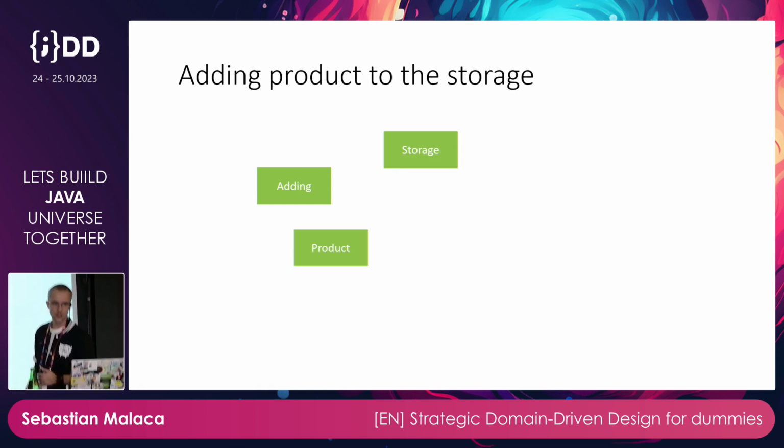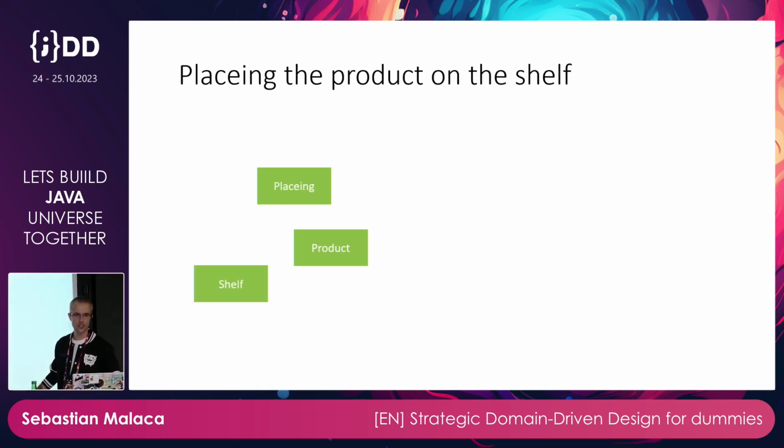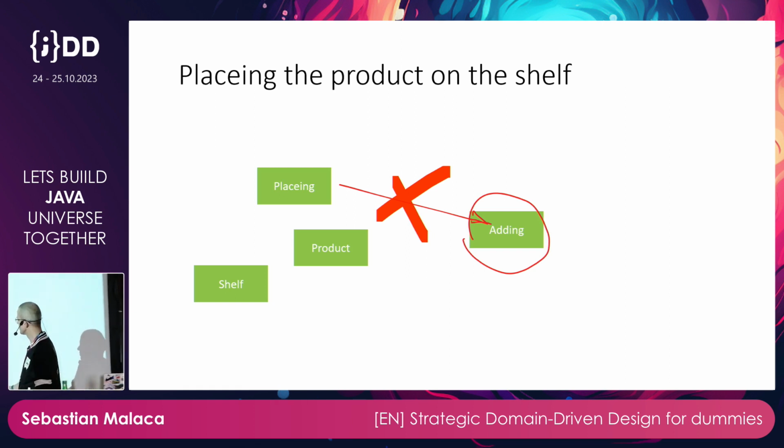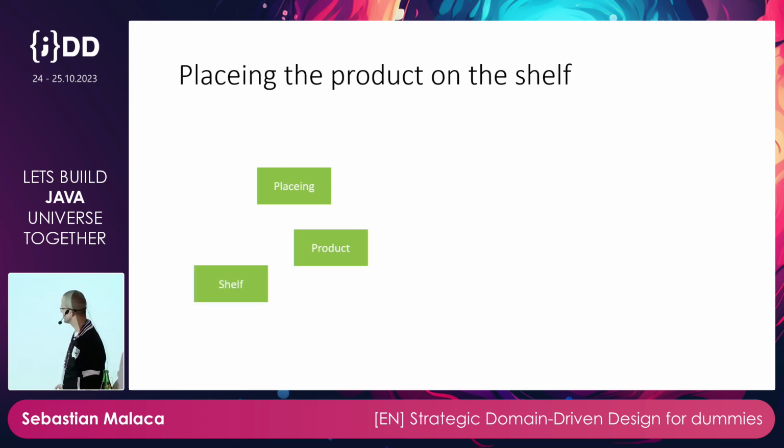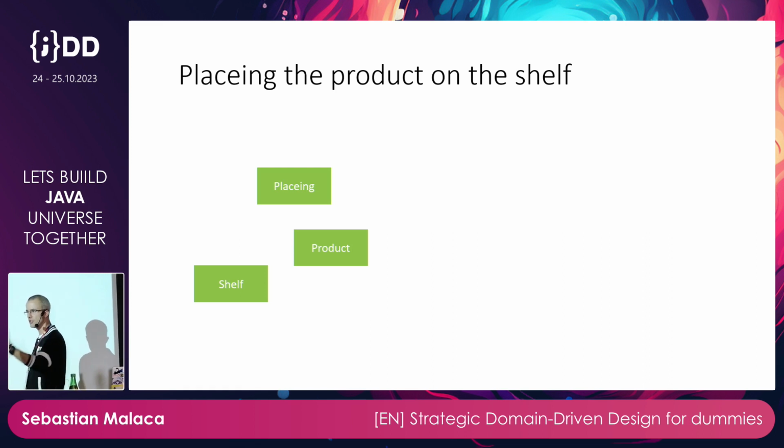Another one, adding product to the storage. This is similar, not an issue. Let's go to the placing. Adding product to the store means in the store we didn't have the product, and after adding it to the store, we have the product. Cool. Right now, placing product on the shelf gives me some different information.